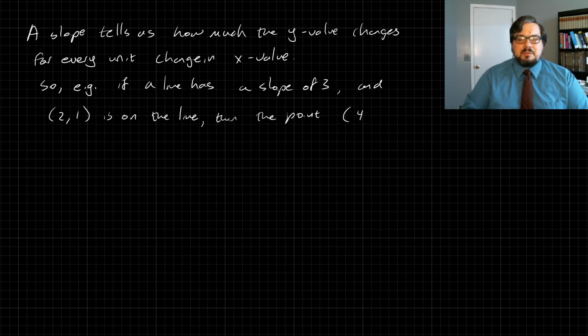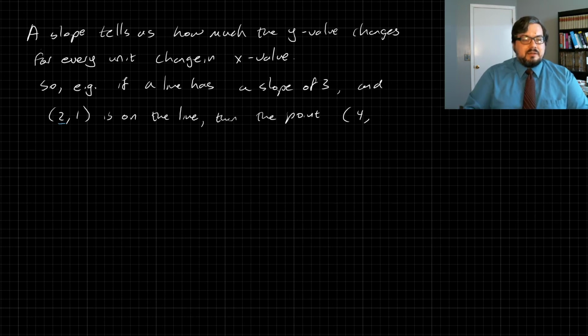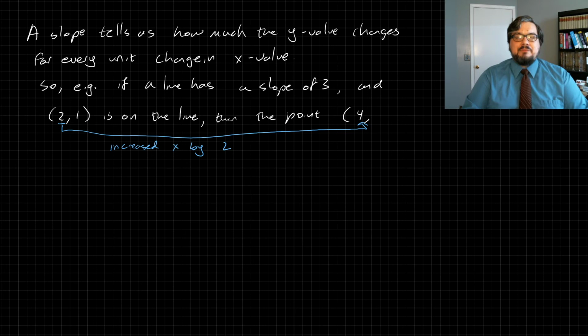I want to look at the point on the line that has an x value of 4. Now, moving from 2 to 4 means we've increased x by 2. A slope of 3 means that for every change in x, the change in y is going to be 3 times that.